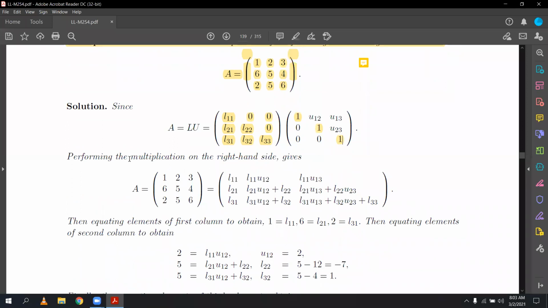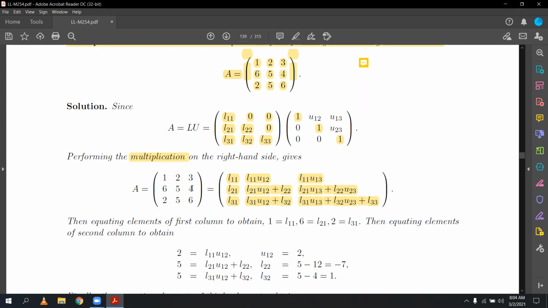So how can you do this? By direct multiplication, as I told you. You cannot use simple Gauss elimination in the Crout case. So you multiply this matrix with this one, and you will get the elements of the new matrix here. And then we say they are equal.